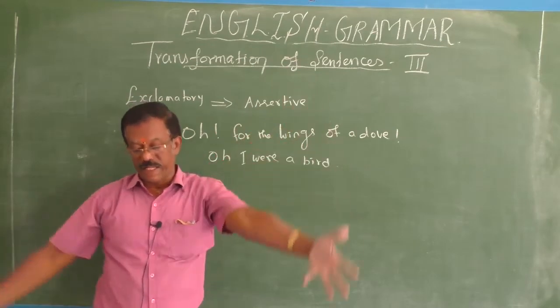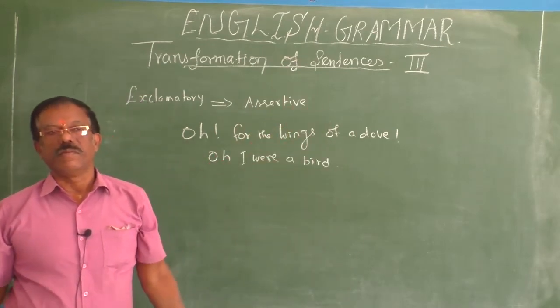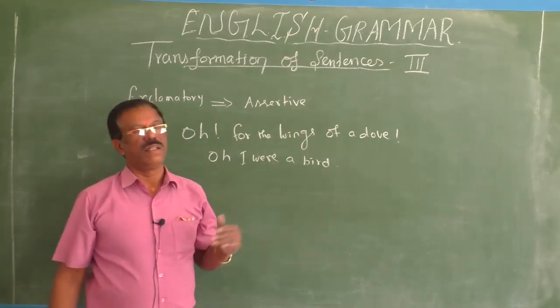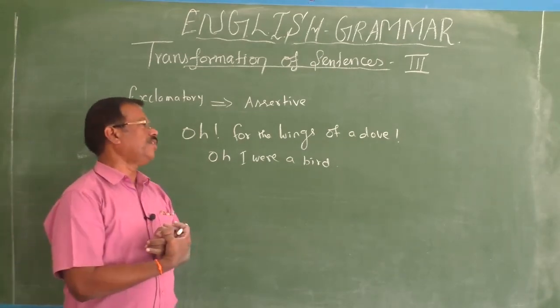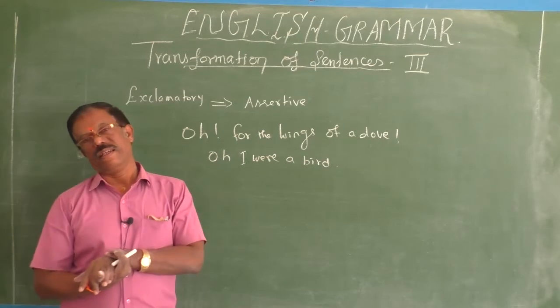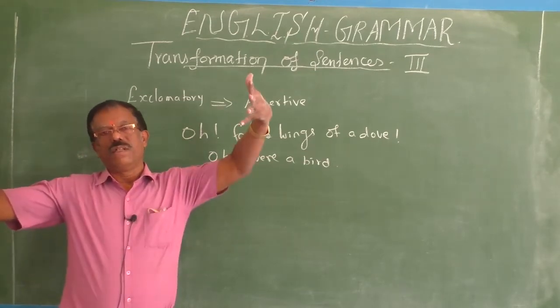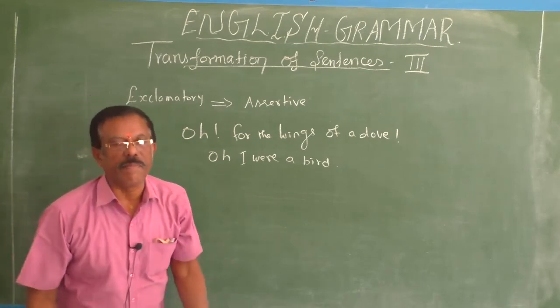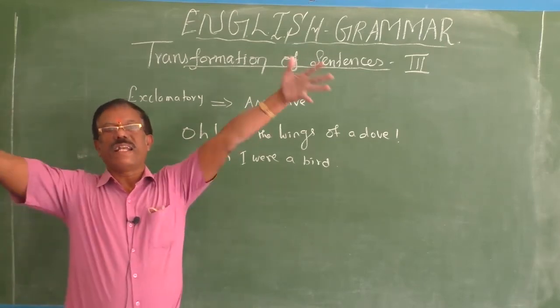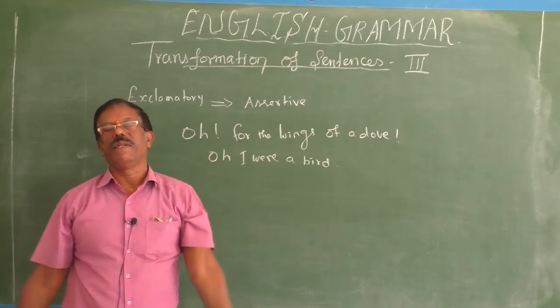Sometimes you may have an imagination, so there are imaginative expressions. Such imaginative expressions can be changed into an assertive in this way. Really you are not a bird, but you wish to be a bird. See, if I were an angel, I would help everybody else.